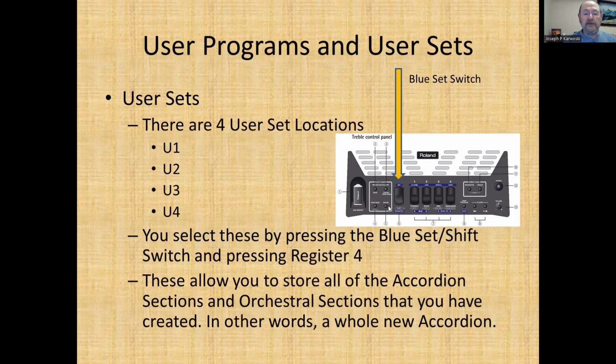So if you press it and hit 3, you're going to 3-1. Hit 3 again, you're at 3-2, 3-3, 3-4. Then 1-1, 1-2, 1-3, 1-4. Here you hit the set switch and then 4, you're in U1. Hit it again, you're in U2, U3, and U4. These are your programmable ones.